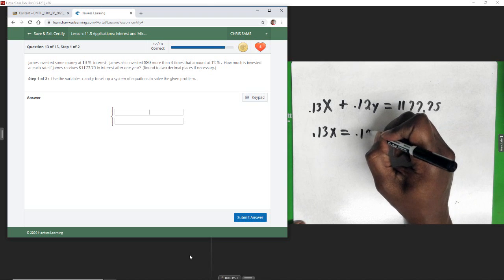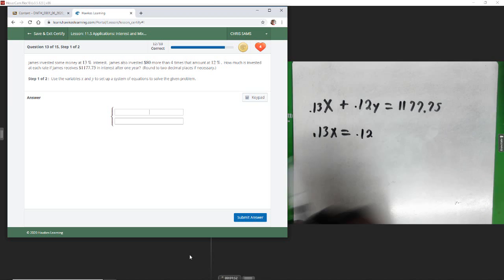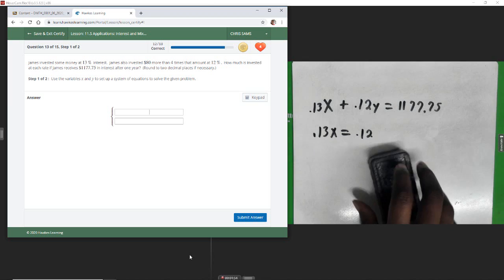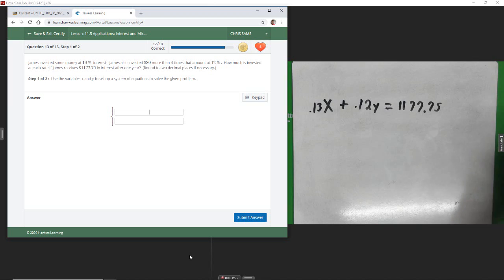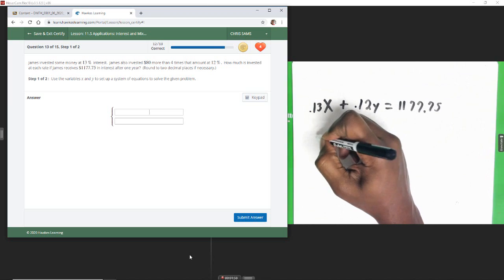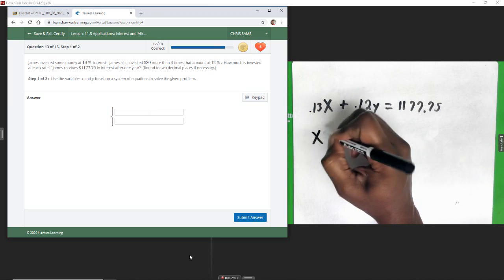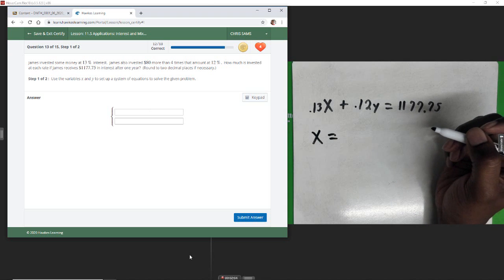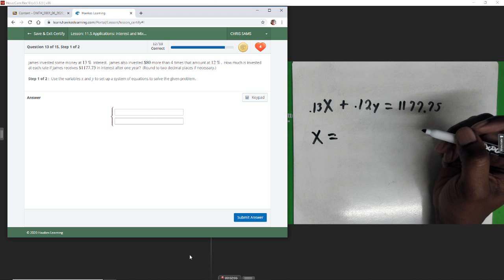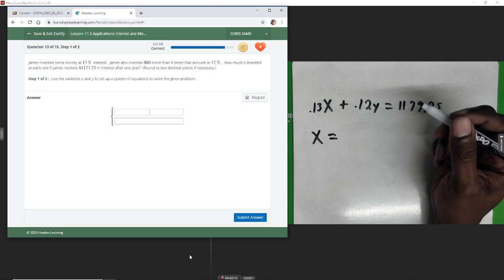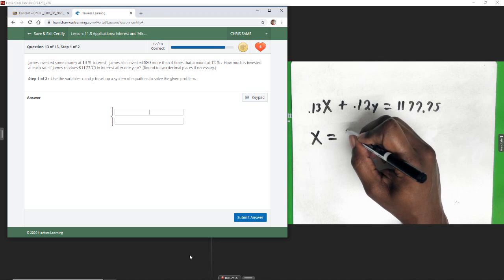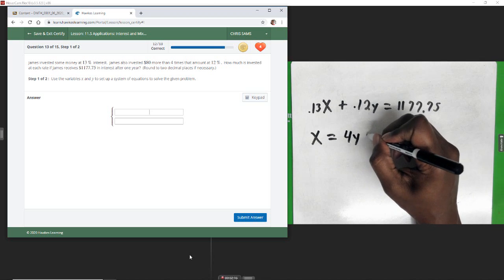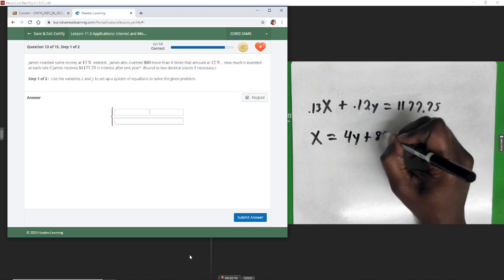Well, actually, I don't need the 0.13x. I need the x equals. X is the amount that we used, and we did 4 times the smaller amount plus 80. So it's going to be 4y plus 80.